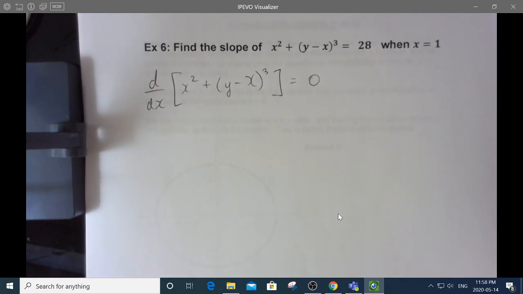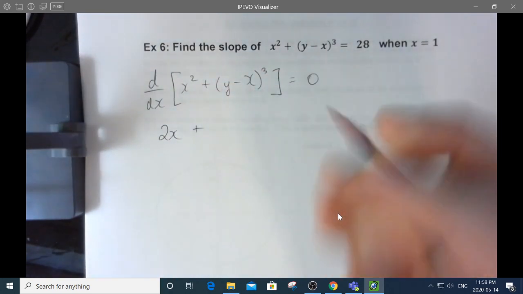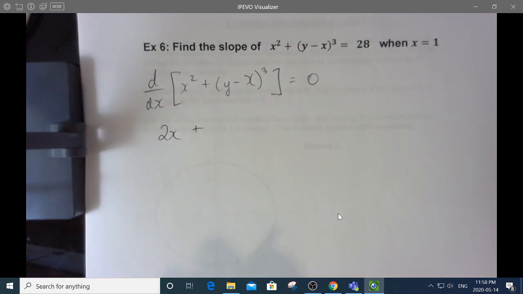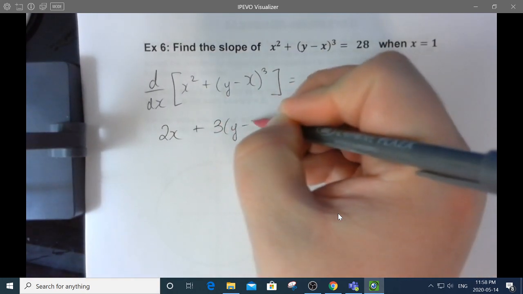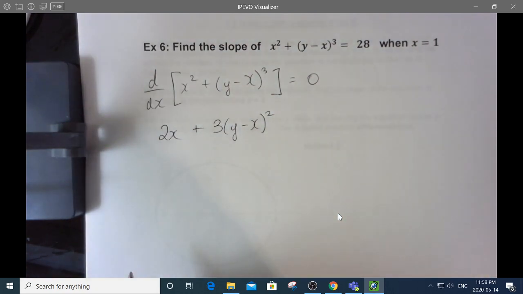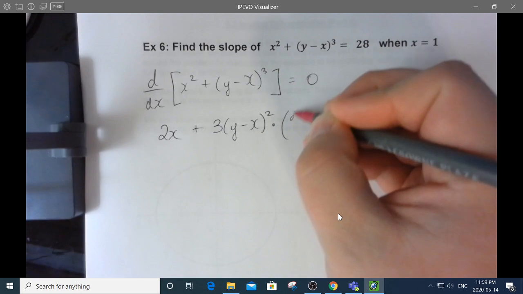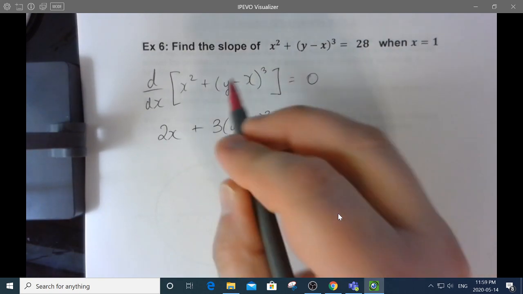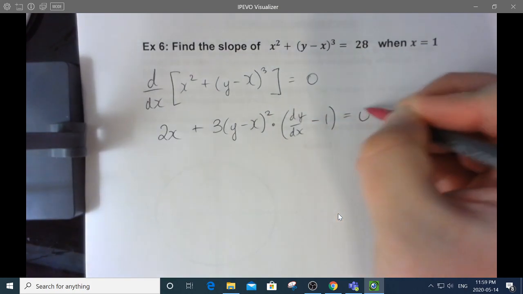All right, so I'm going to find the derivative of x squared. That's 2x plus. Now I need my chain rule. So that's going to be 3 times y minus x squared times the derivative of what's in the bracket, which is going to be dy by dx, the derivative of y, minus the derivative of x, which is minus 1, and all of that equals 0.